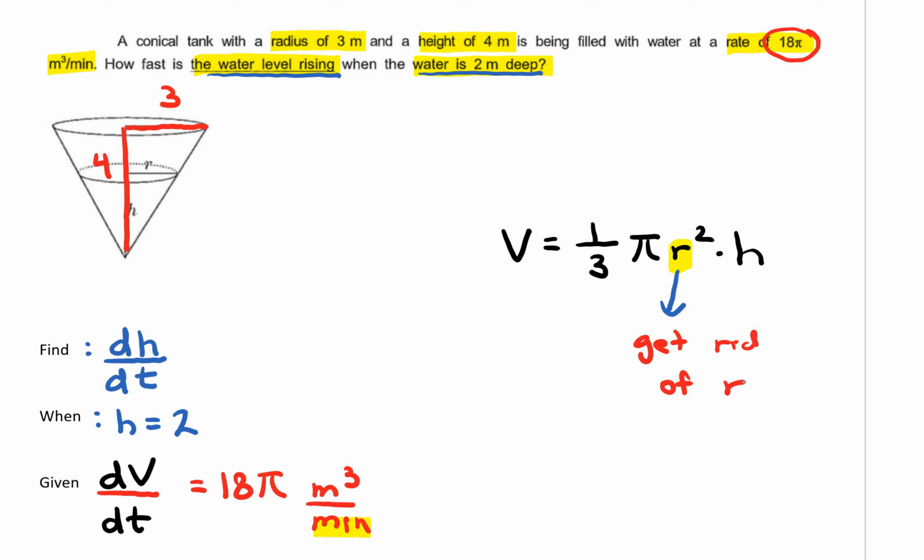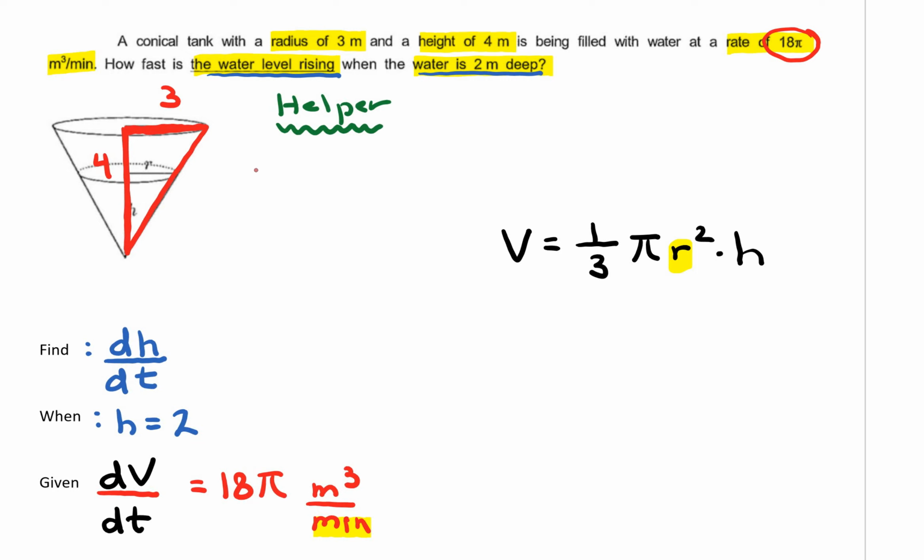So this problem is designed to get rid of r, and the way we get rid of r is we create a helper equation. We're going to use the similar triangles property. We have this bigger triangle here in red, and we know the height is 4 and the radius is 3.